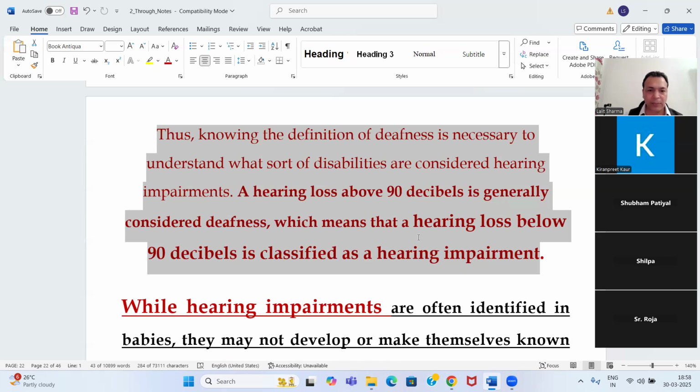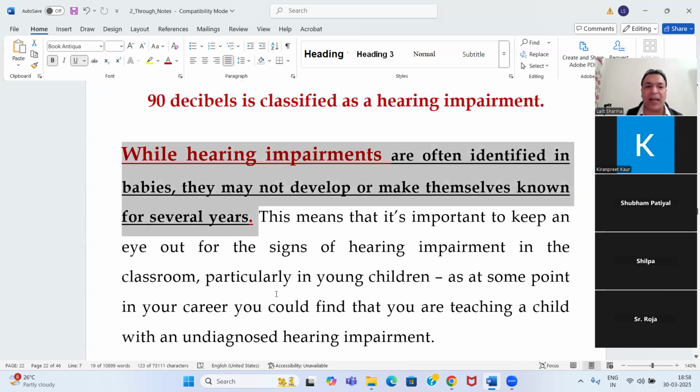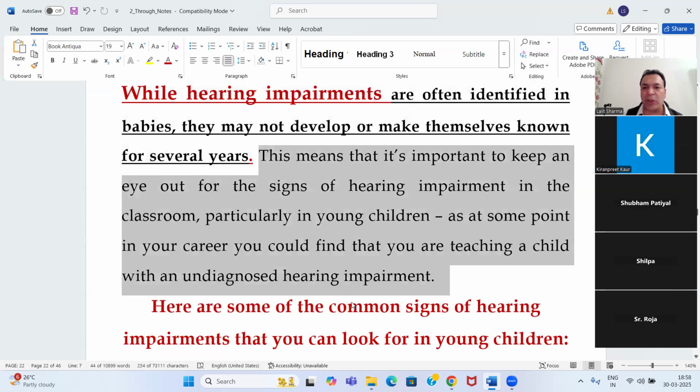While hearing impairments are often identified in babies, they may not develop or make themselves known for several years. This means that it is important to keep an eye out for the signs of a hearing impairment in the classroom, particularly in young children. At some point in your career, you could find that you are teaching a child with an undiagnosed hearing impairment. Are you getting my point?